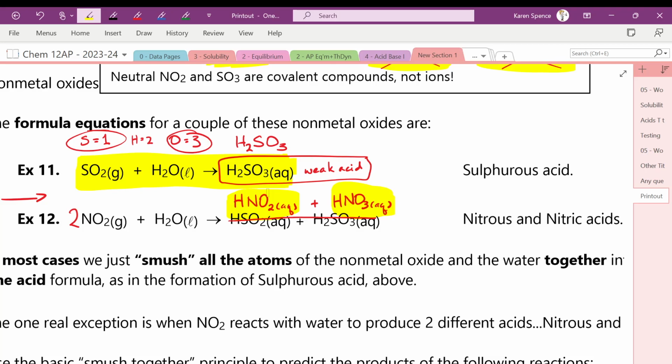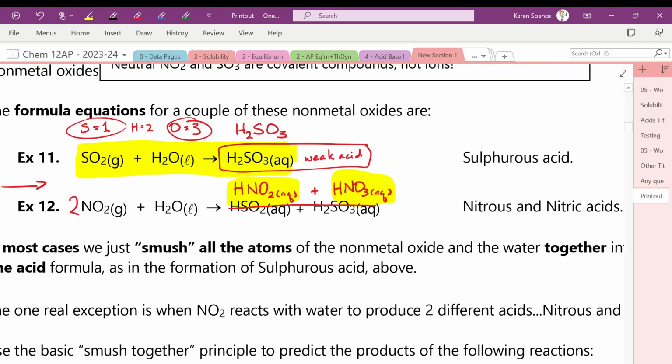We're not making it from the two ions. We're making it from NO2 and H2O. And truly, if we were writing the net ionic equation for this, we would have 2NO2 plus H2O gives 2H+ plus NO2 minus plus NO3 minus. So they would be dissociated. Did that make sense? Okay, cool.